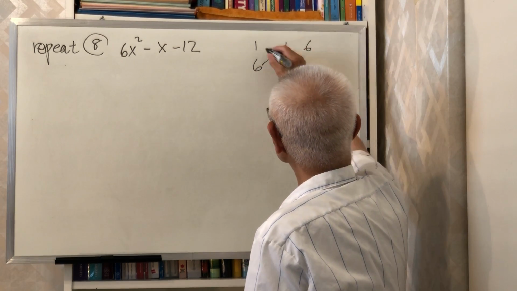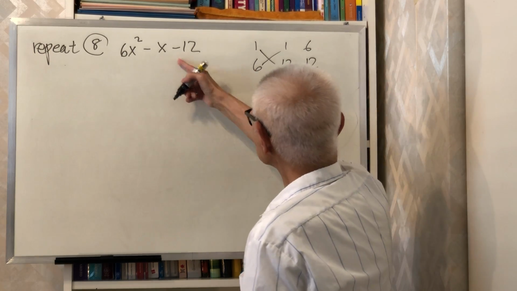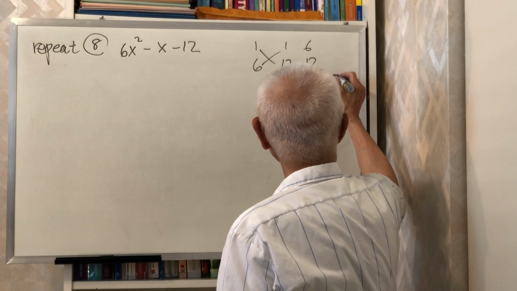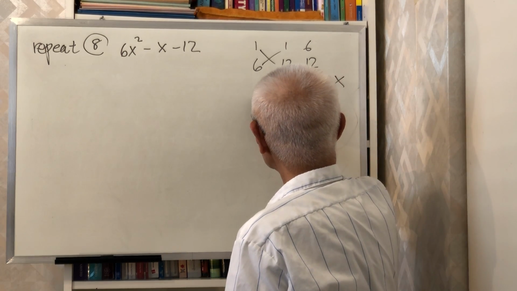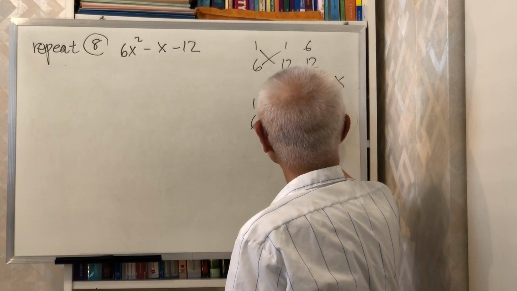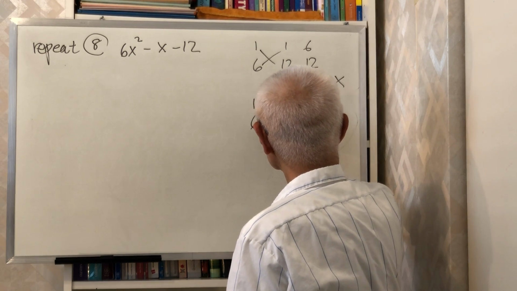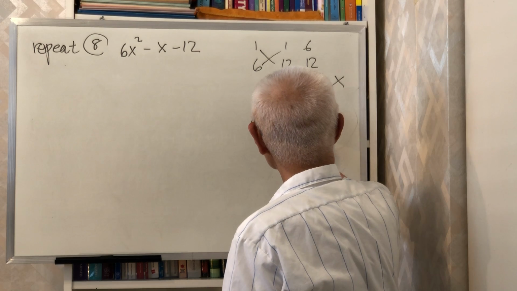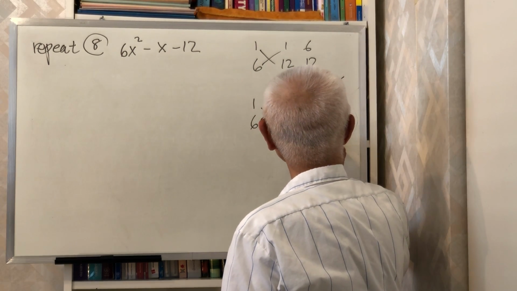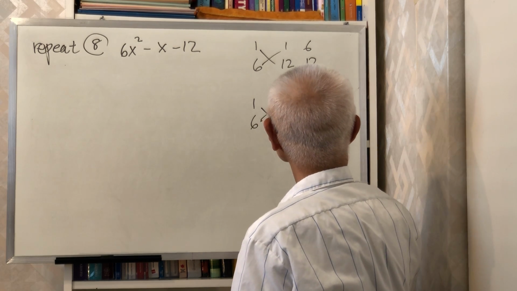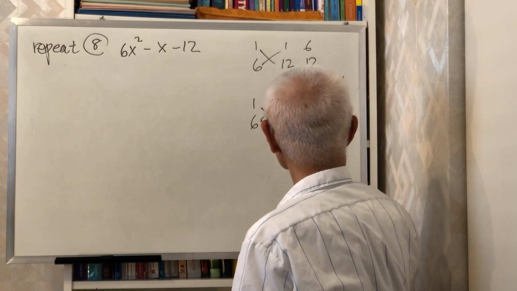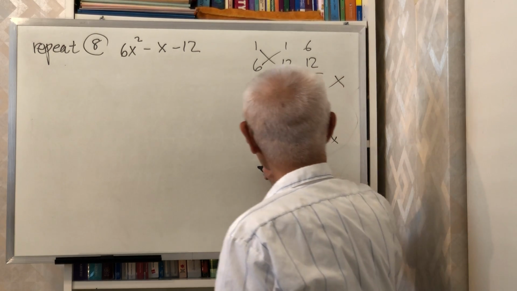So this 6, 12, I subtract 6. That's 1, so that doesn't work. So this is 1 times 6. 12 maybe 2 times 6. That's 12. That's 6. You subtract 6. So it still doesn't work.